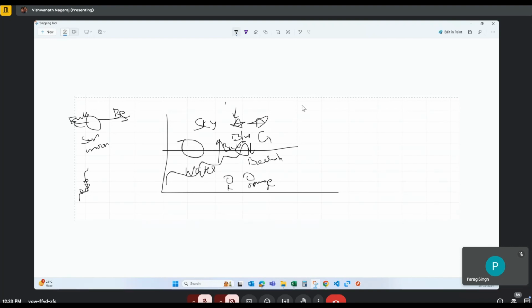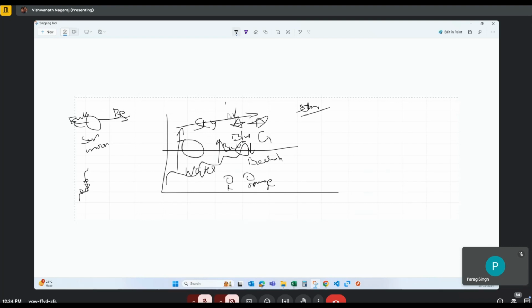You would have heard of sector rotation, right? This is sector rotation. When it goes from water to sky, it is gaining strength in terms of momentum and performance. If it's going upwards like this, it's gaining momentum, and then it has to move towards the right to outperform.